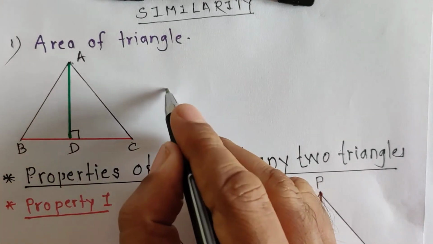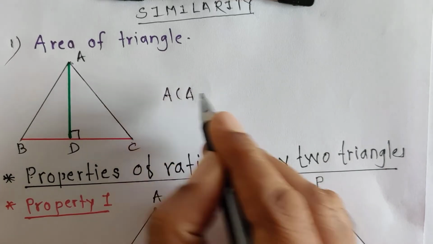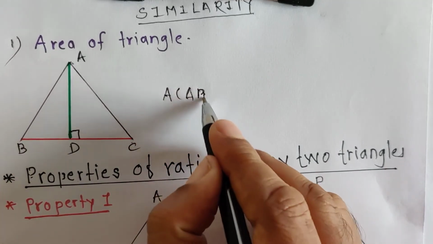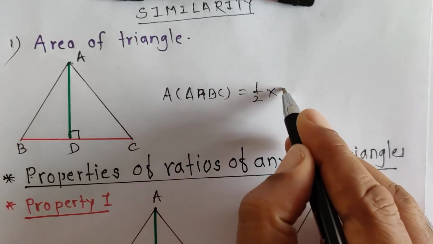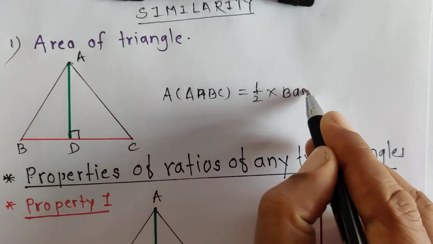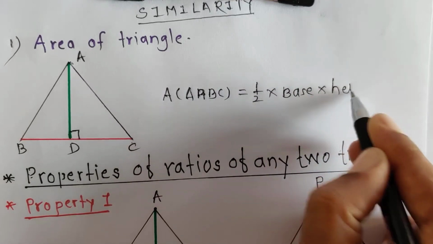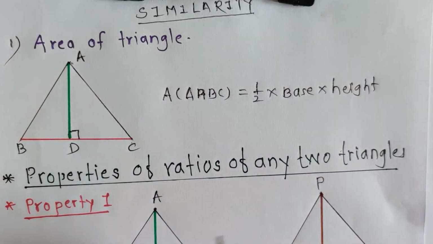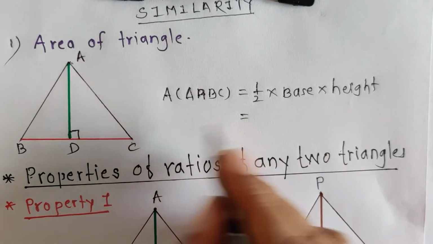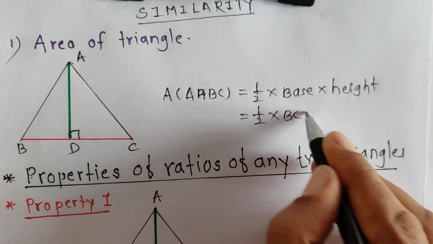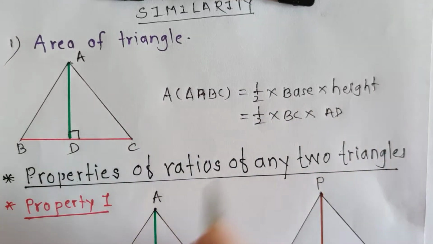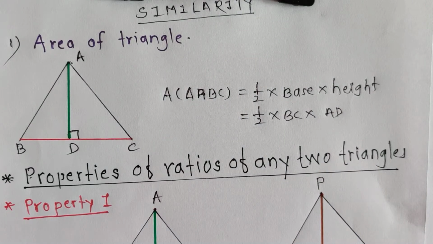Therefore, you know the formula: area of triangle ABC is equal to half into base into height. So we get the area of triangle ABC as half into BC into AD. In this way we can calculate the area of any triangle. Is it clear? How to calculate the area of a triangle.